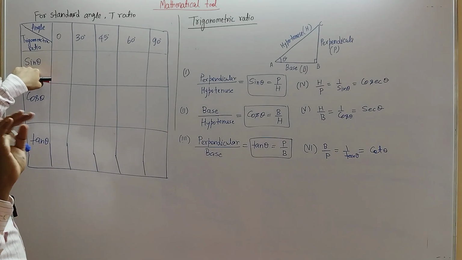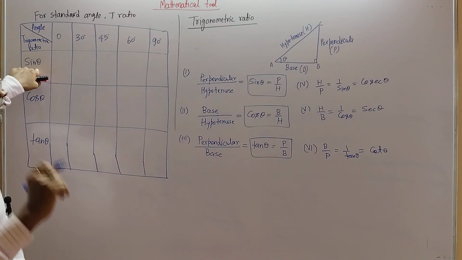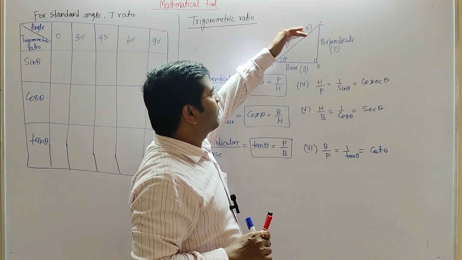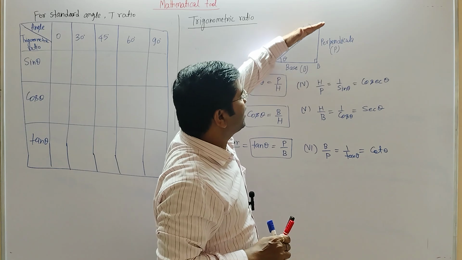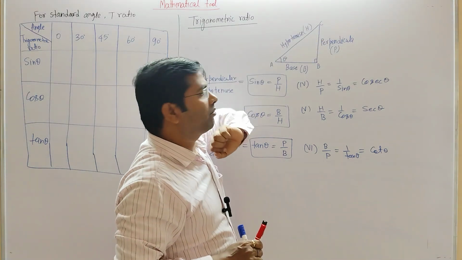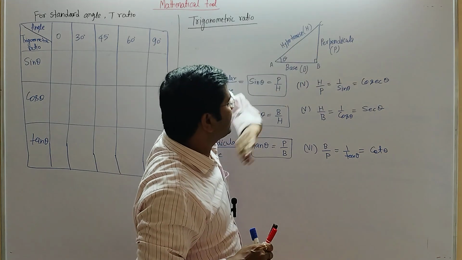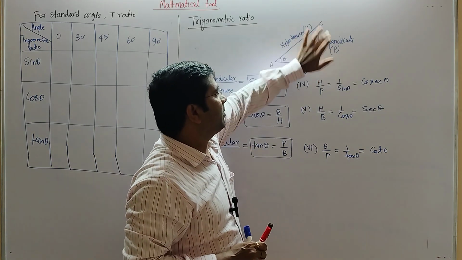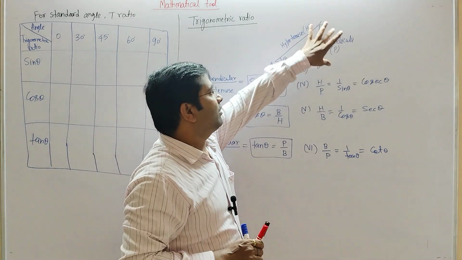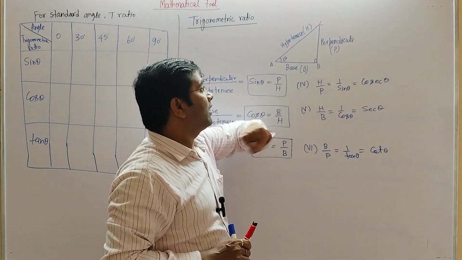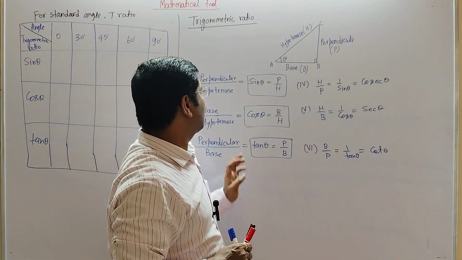Like for angle 0, what is the value of sine 0? If I put 0 here, of course this line will coincide with base AB. So C will coincide with B and this perpendicular BC will be 0.